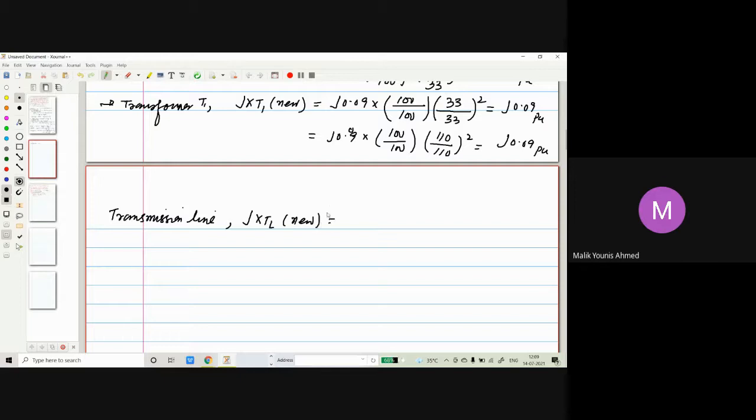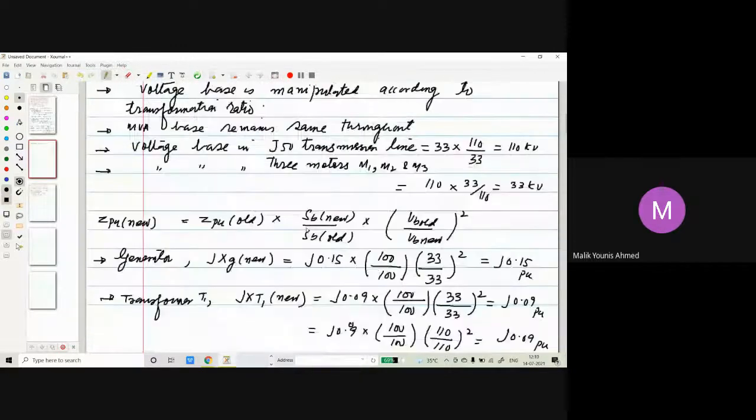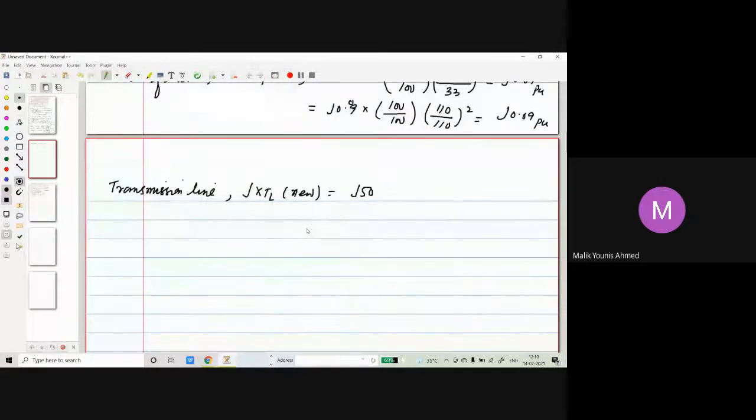So that will be, see, transmission line, you cannot do like this formula. There has to be actual value divided by the base value. The actual value of the transmission line is in ohms. It's not in per unit or in percentage here. You can see transmission line value has been given as 50 ohms. So that will be actual value divided by Z base.